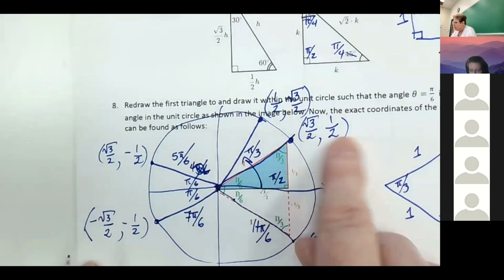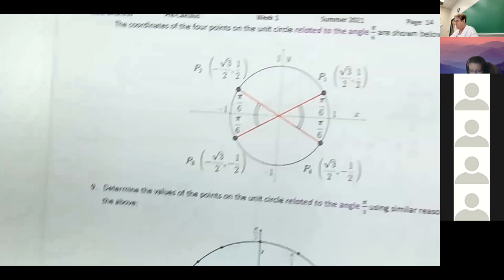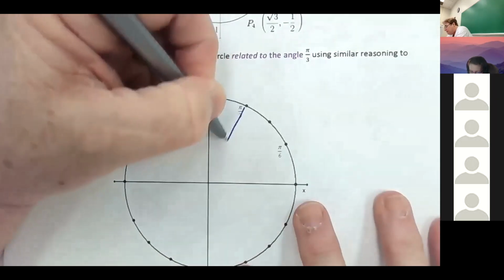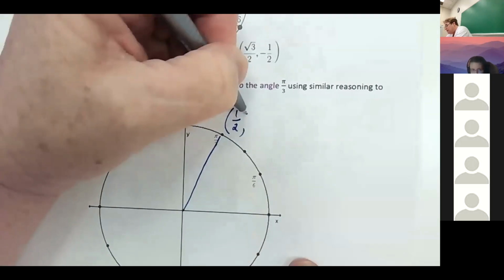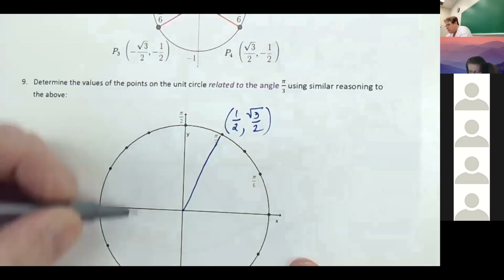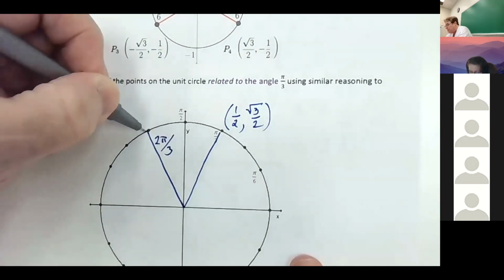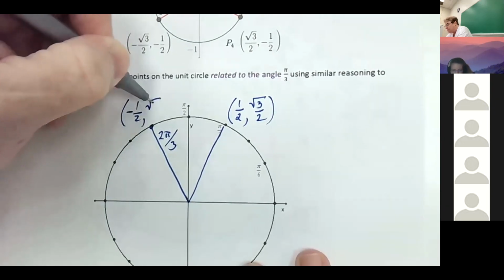These coordinates always go together. So let's look at this page here. So pi over 3 will be 1/2, square root of 3 over 2. 2 pi over 3 will be negative 1/2, positive square root of 3 over 2.